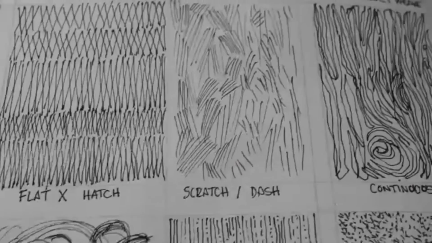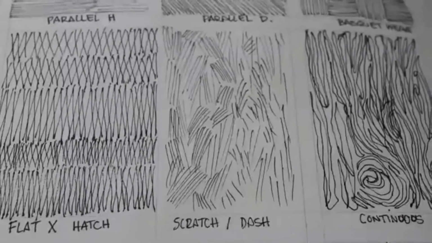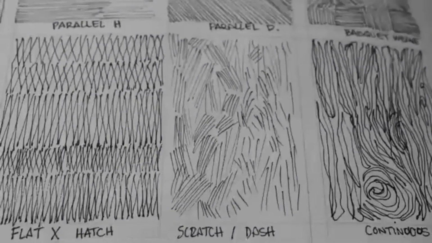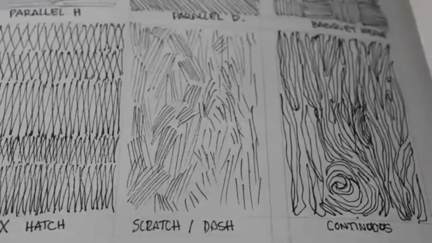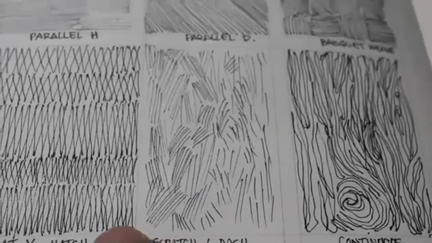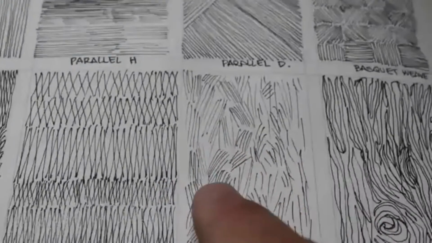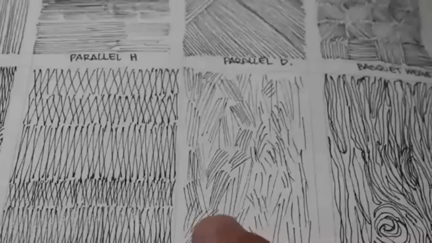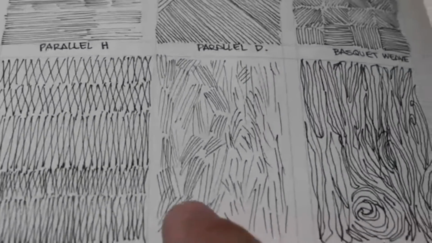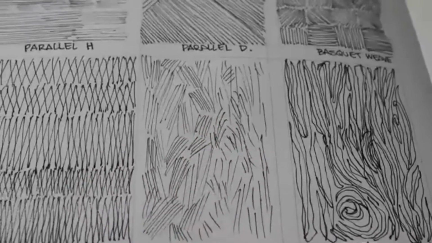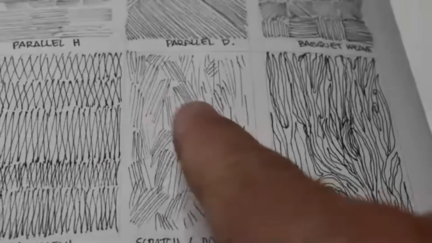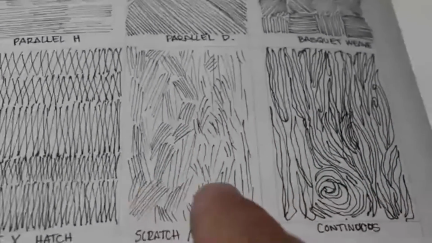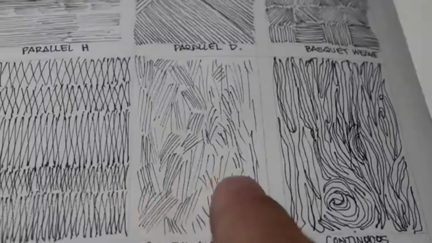We talked about this one before, the chicken scratch or the dash, which is pretty much just kind of like stabbing at the paper, that gesture mark, and it's almost creating a little bit of a rhythm with the look of the parallel hatch that we had before, only a little more, I don't want to say disorganized, but more free.